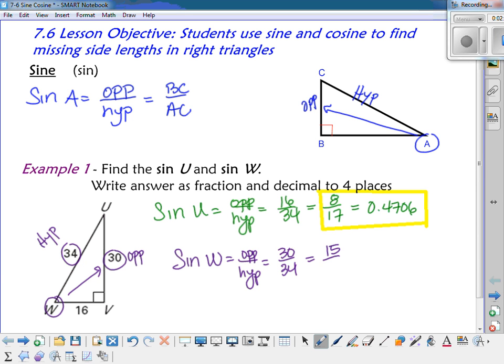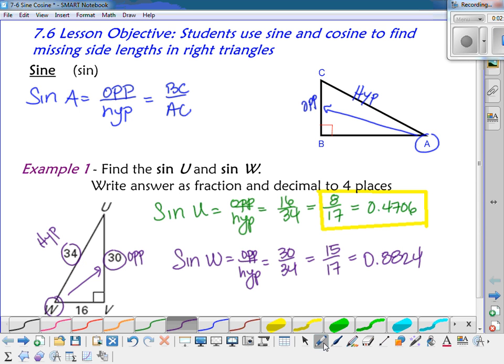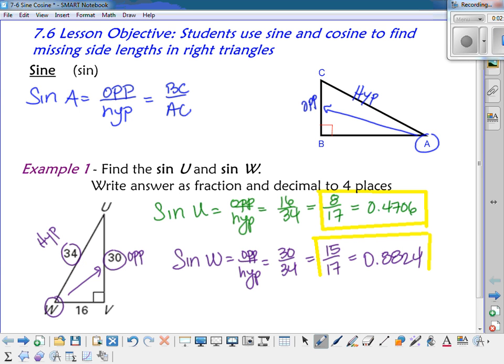It reduces to 15 over 17, and 15 divided by 17 is 0.8824. So now we found the sine ratios for angle U and angle W.